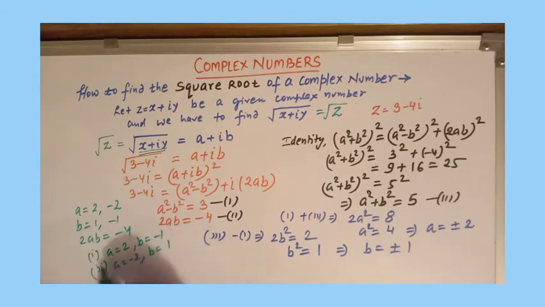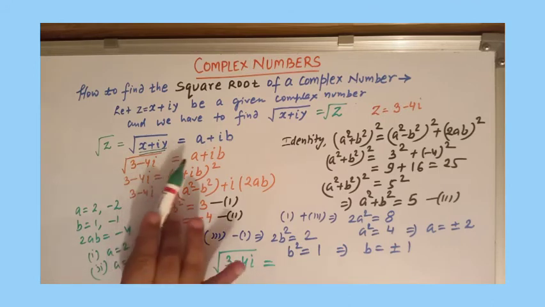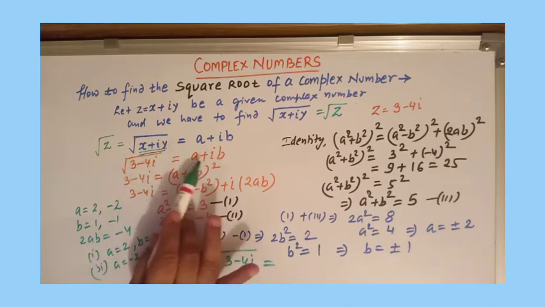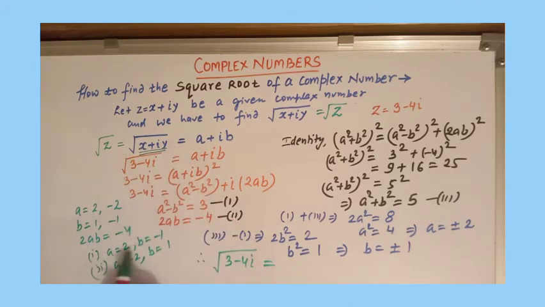So here we have two pairs of values of a and b. So therefore we conclude that the square root of 3 minus 4i is equal to a plus ib. So if we take the first pair, we have 2 minus i.